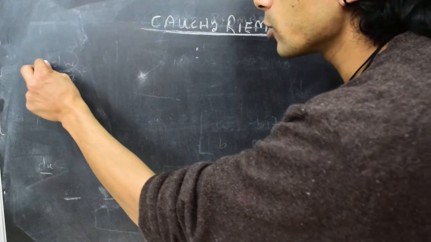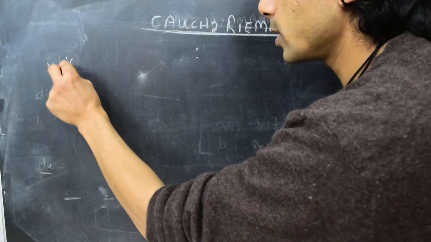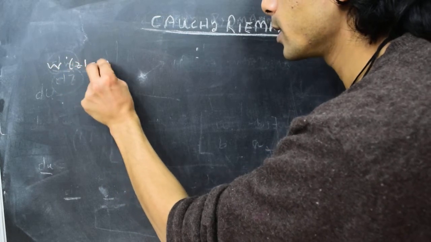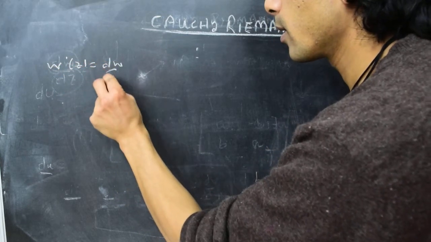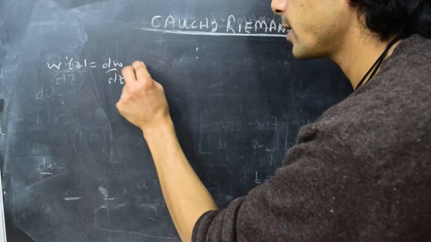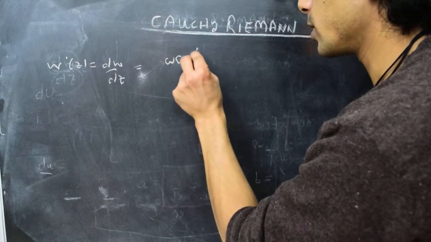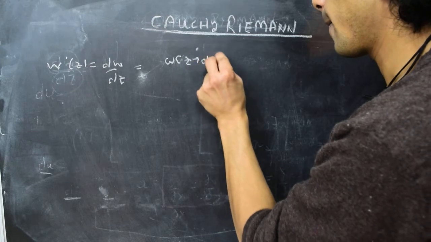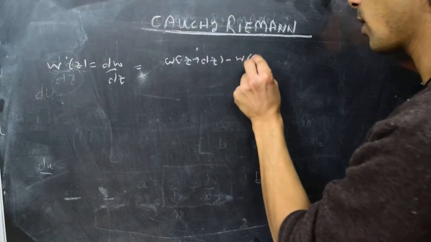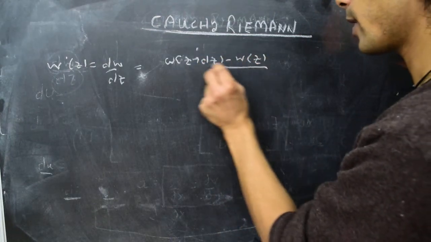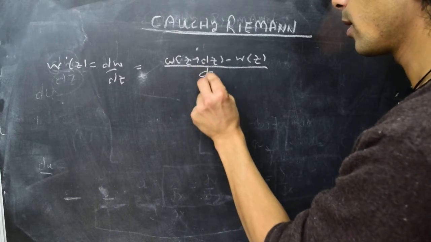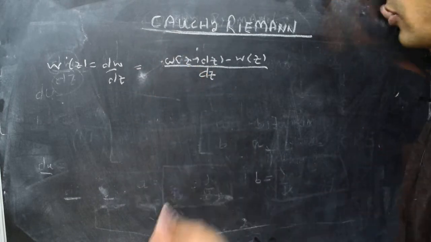So the complex derivative w prime of z is dw/dz, and this can be written as the change in w, which is w at z plus dz minus w at z, divided by dz. And of course, these are all in the limit that dz goes to 0.